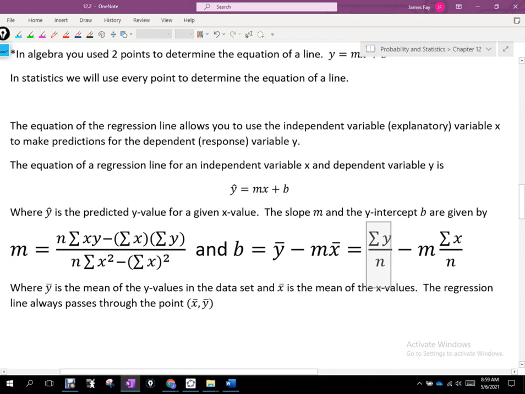If we analyze that, isn't that the average of your y's? Add up all my y's, divide by how many I have. The bar symbol is what we've always talked about as an average. So y bar is the average of your y's, and x bar is the average of your x's. Our equation is going to use those components.